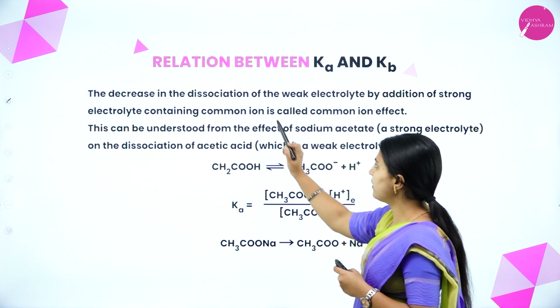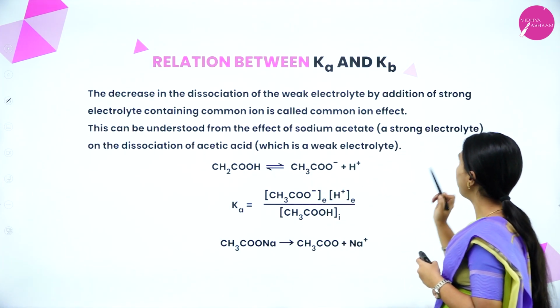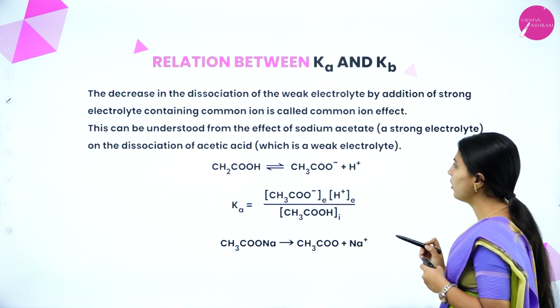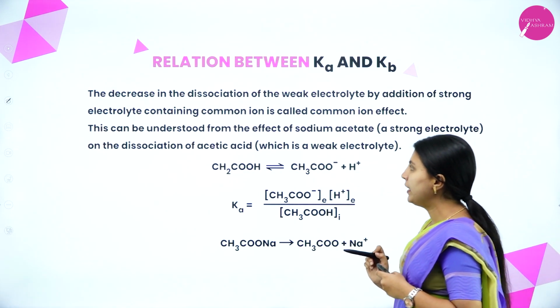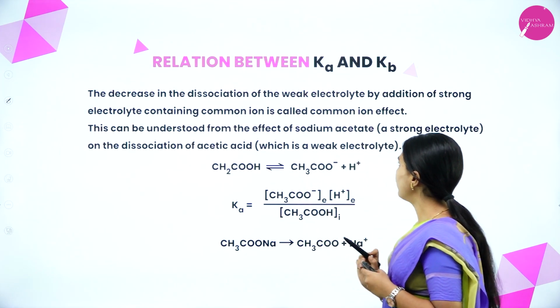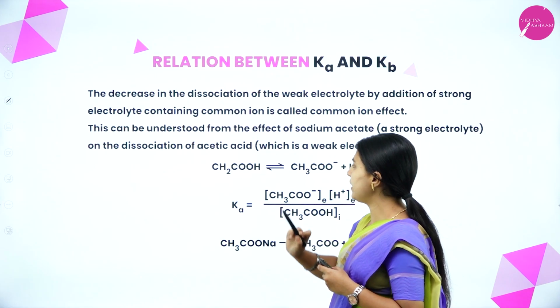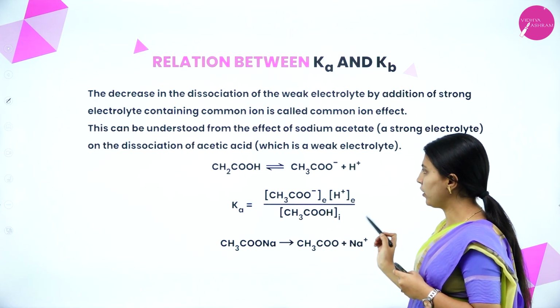The decrease in the dissociation of the weak electrolyte by the addition of a strong electrolyte containing a common ion is called the common ion effect. This can be understood from the effect of sodium acetate, a strong electrolyte, on the dissociation of acetic acid, which is a weak electrolyte.